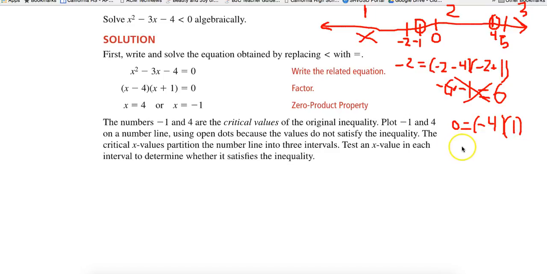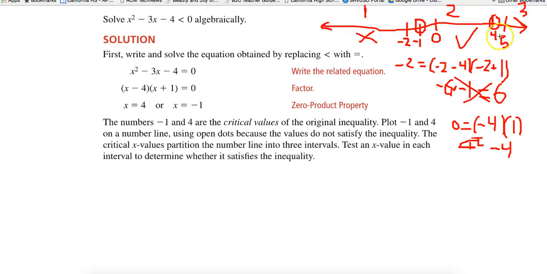So now we get -4 as our solution. So -4 less than 0. We get that that's a true statement. So that's a check mark right here. -4 times 1 is -4. -4 is less than 0. So this region is part of our solution set.